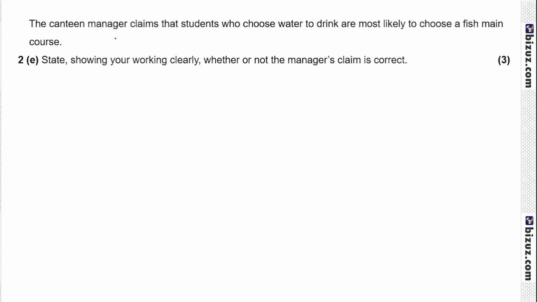Well, there are three possible routes we could take for the main course if we have already chosen water. So the student has already chosen water, so it's always given W. So we could choose fish, or we could choose meat, or we could choose vegetarian.